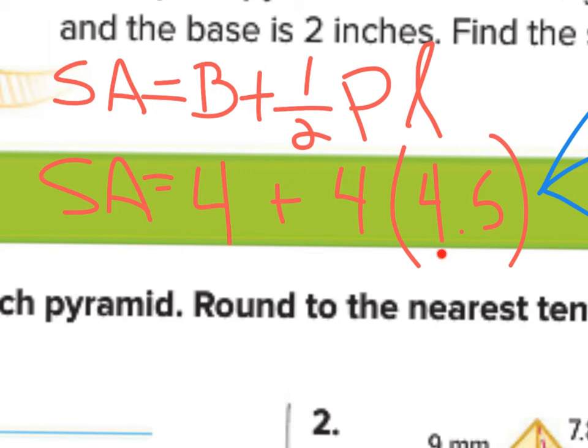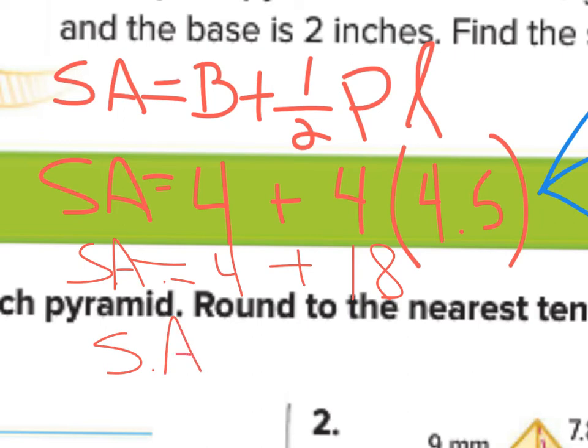And 16 plus 2 is 18. So this right here is 18 plus 4. Okay, that's our surface area. Sorry if it looks like I'm working backwards, but I'm just trying to show you the steps of each individual operation. And 4 plus 18 is 22. And we're working with inches, so it's 22 inches squared.